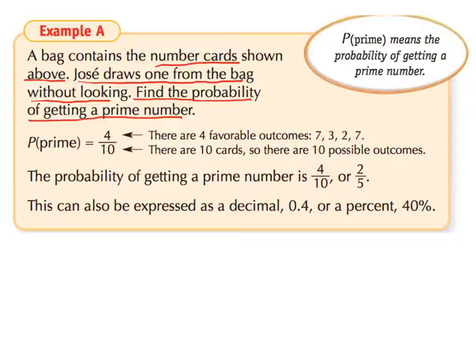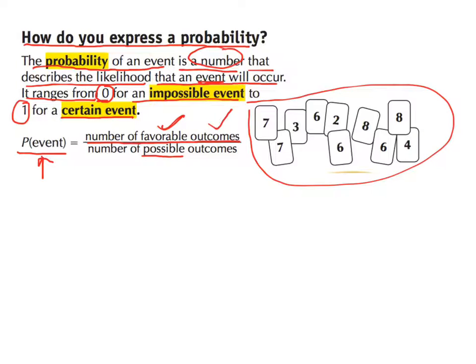P of prime means the probability of getting a prime number. So we have to find out, if he draws one card, what is the probability that he will pick up a prime number? We know prime numbers are 2, 3, 5, 7, 11, and so on.